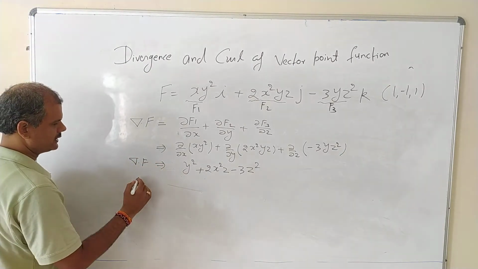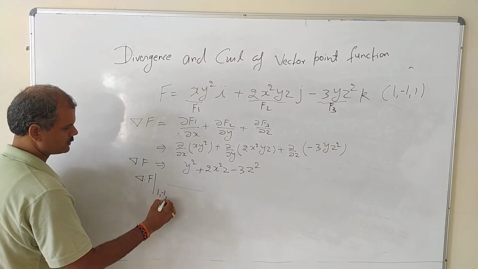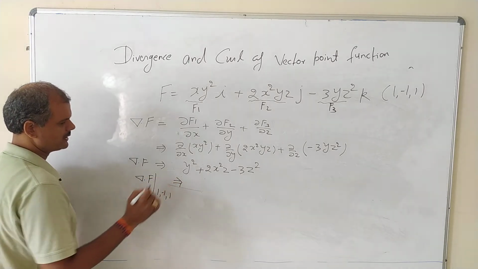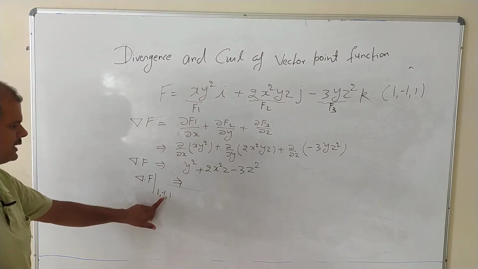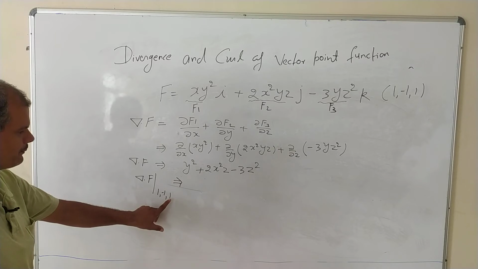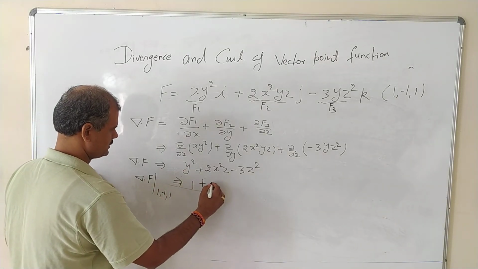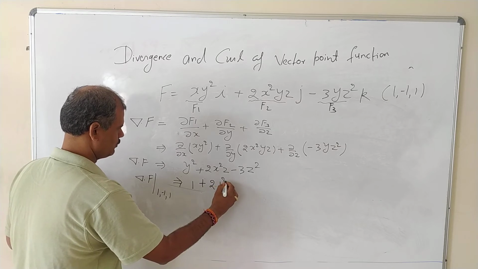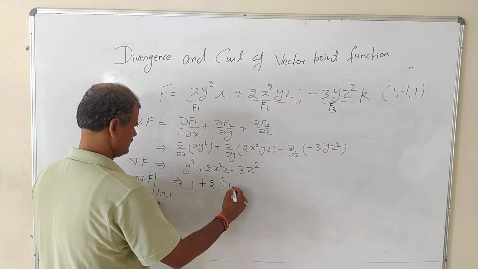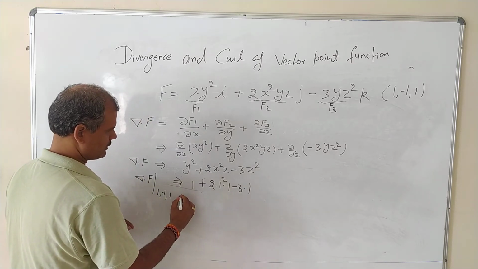And if you want to find it at that particular point (1, -1, 1), in place of x we put 1, in place of y we put -1, in place of z we put 1. So we get here 1 plus 2 into 1 squared into 1 minus 3 into 1.